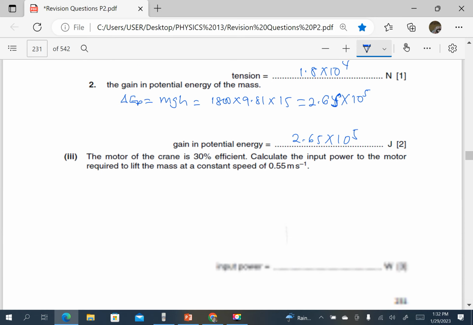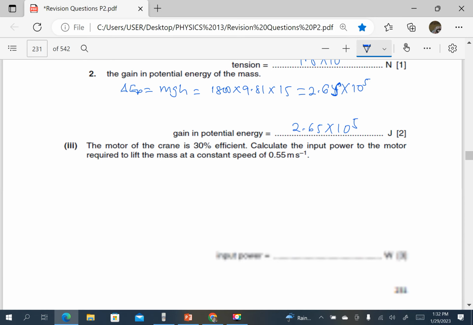Lastly, for this video, part 2, the motor of the crane is 30% efficient. Calculate the input power to the motor required to lift the mass at a constant speed of that. So first of all, we need the power which is necessary. Power is equal to force times velocity.